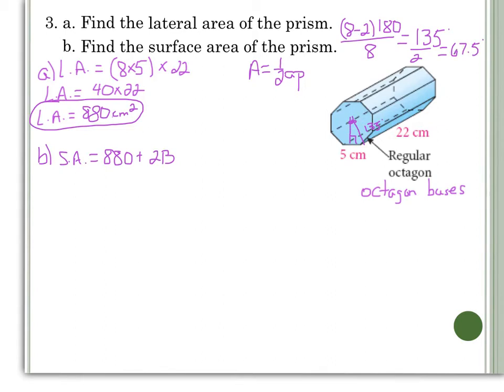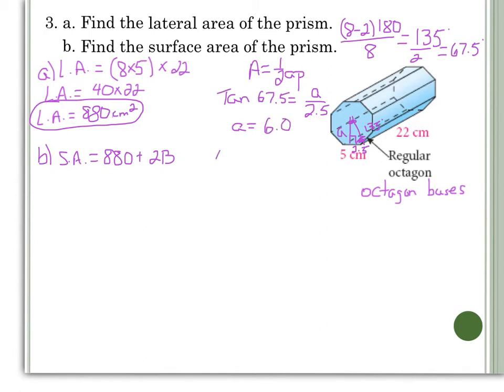Now that's not a special right triangle, but if I know this angle and this side's now 2.5 and I want to find A, I'll have to use one of my trig functions. So I know the angle measure and the side adjacent to it. I want to find the side opposite. That would be tangent. So tangent of 67.5 equals opposite over adjacent. And then solving for A, our apothem, we get about 6.0.